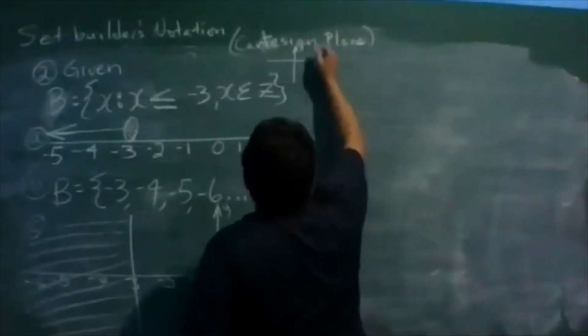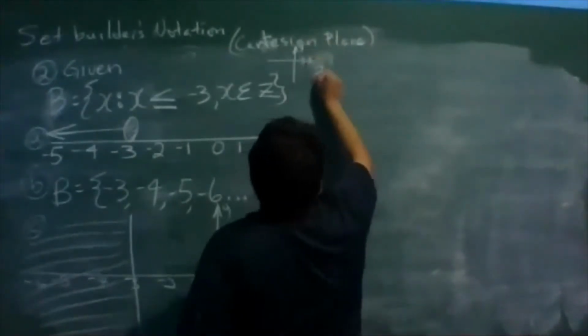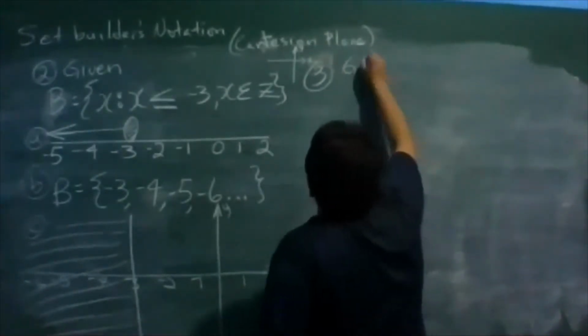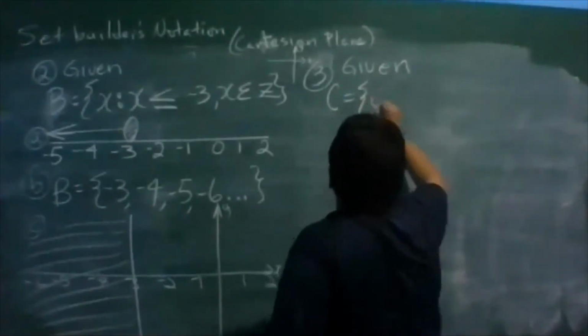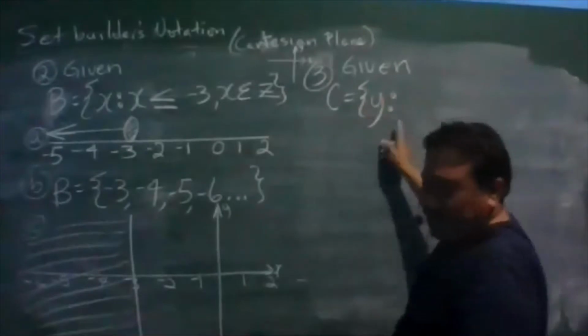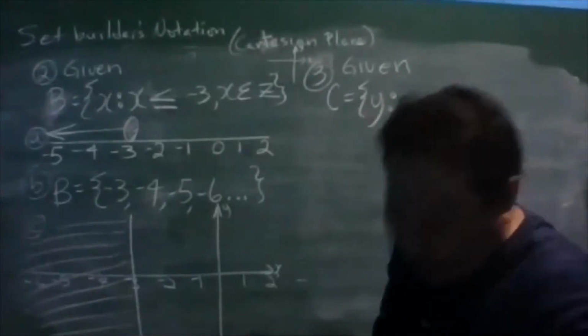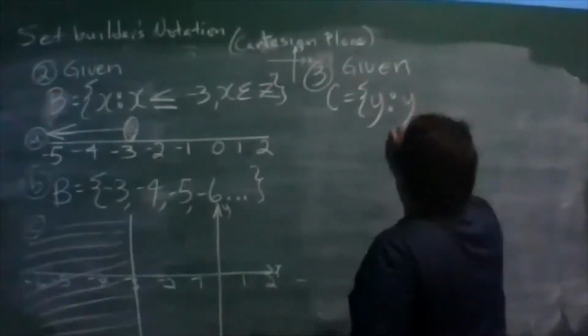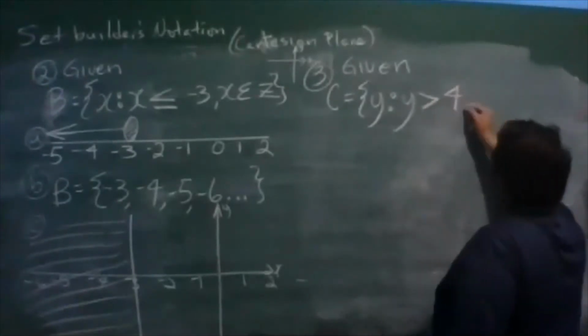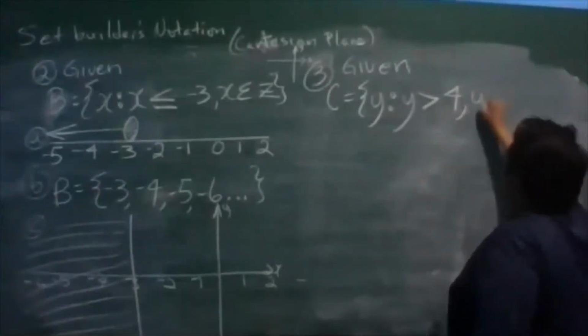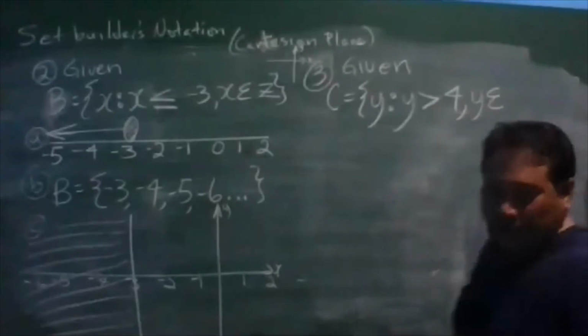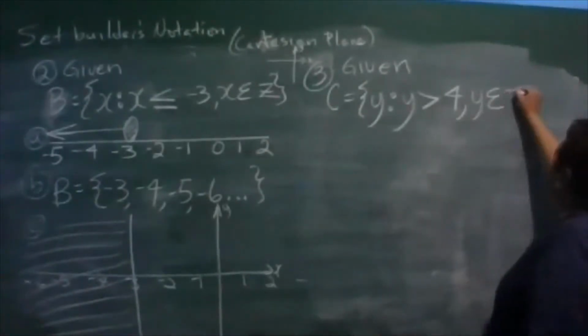Number 3 is a little bit different. Given C equals, let Y be the value where Y is greater than 4, where Y is an element of integers.